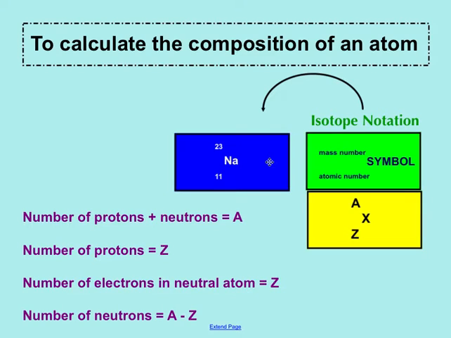So if I was to use this as my example, if I asked you what is the atomic number of this element right here? Yep, exactly. You guys can see that it's the bottom number here. The atomic number will always be smaller than the mass number, so the atomic number is 11.